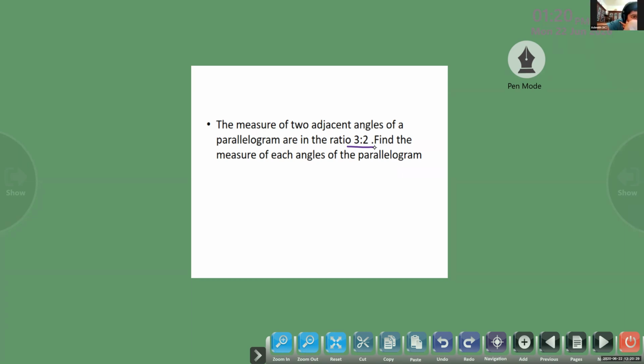The measure of two adjacent angles of a parallelogram are in the ratio 3 is to 2. PQRS. Draw a rough figure.